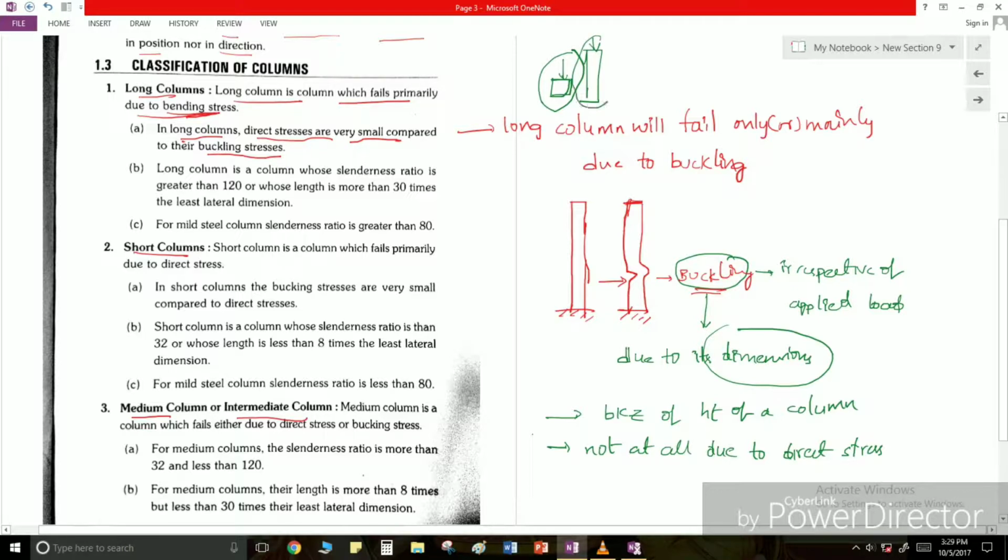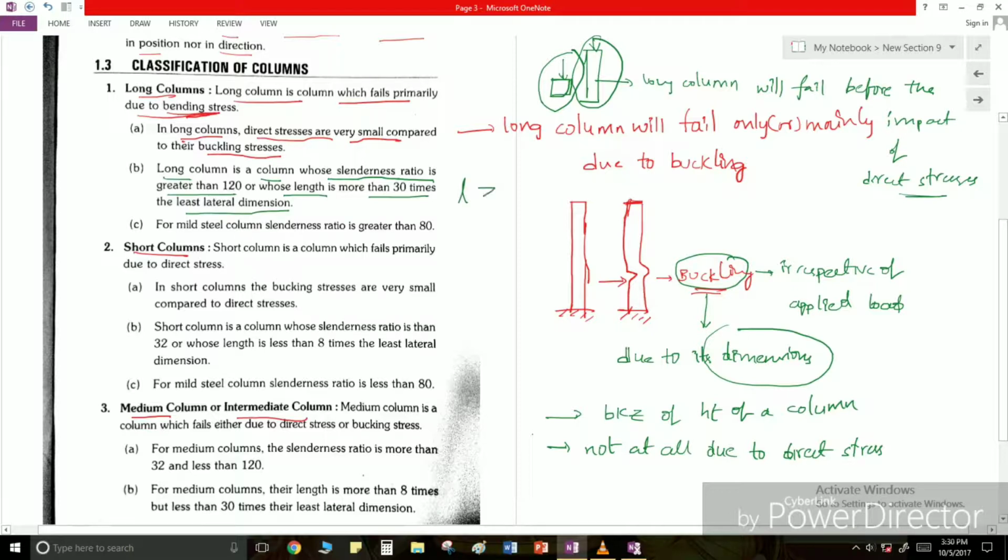This can withstand more load than this, because this long column will fail before the impact of direct stress. It will fail by itself because of the buckling phenomenon.